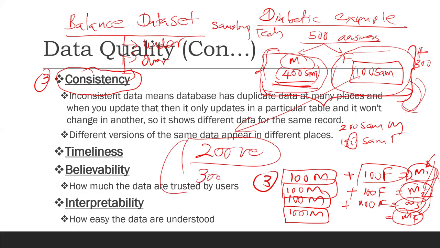Again he copied those 100 records, 400, right? This is one way he increased the size to 400, just duplicating the values. It means each record appears 4 times in your data, so your data becomes inconsistent data. Did you get my point?